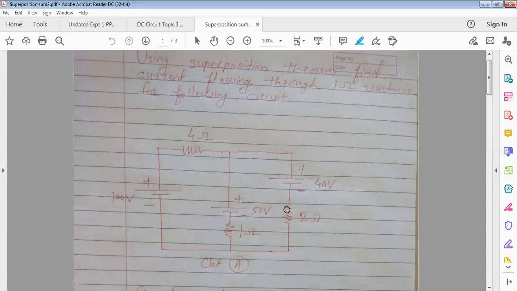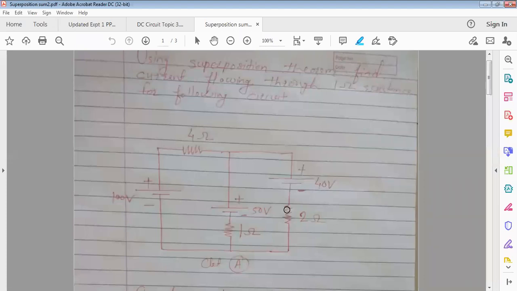Okay, so what do you have to do according to this theorem? What is the first step? Everyone please concentrate. You consider a single source at a time and make the rest of the sources inoperative.